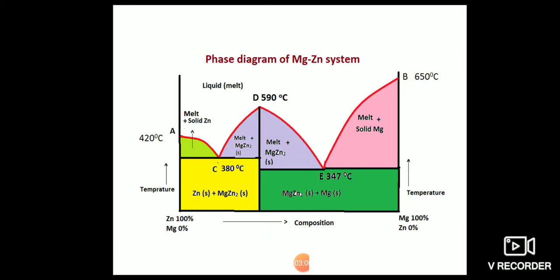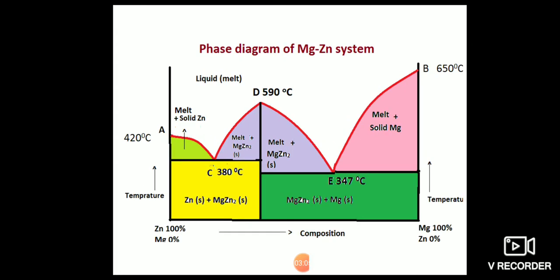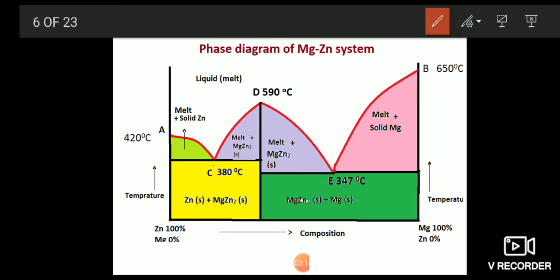This is a phase diagram of magnesium zinc system. If we observe this phase diagram, we have various parts. Point A, where zinc is 100% and magnesium is 0%, where the temperature is 420 degrees Celsius. That corresponds to the melting point of pure zinc.